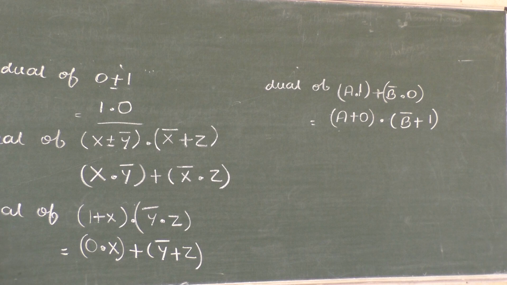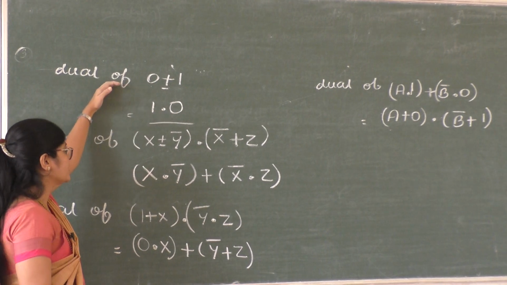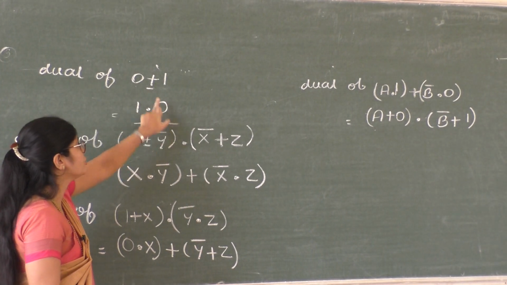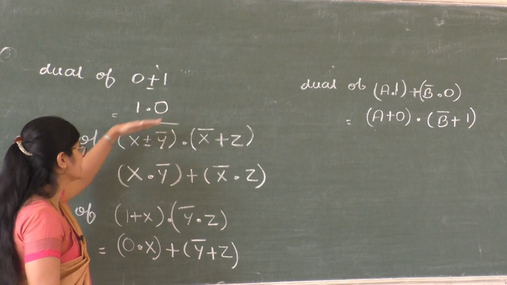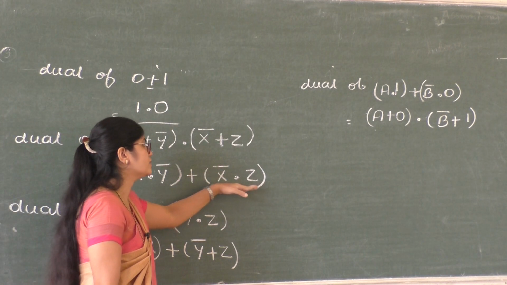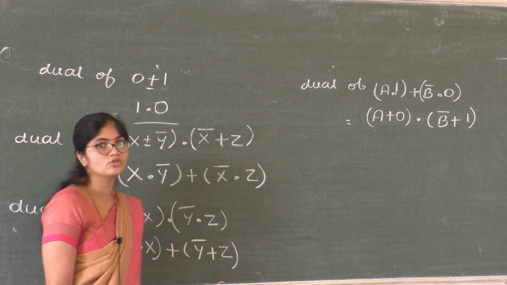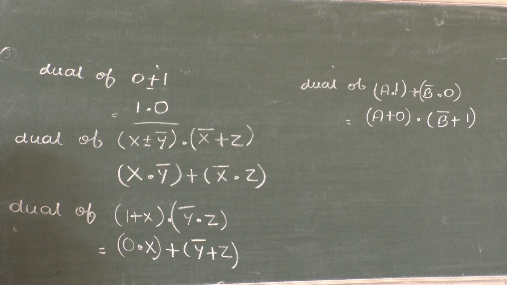So derived expression is called dual of the original expression. In this example, 1 dot 0 is the dual of 0 plus 1. In the second expression, x dot y bar plus x bar dot z is the dual of x plus y bar dot x bar plus z. So derived expression is called as dual of the original expression.